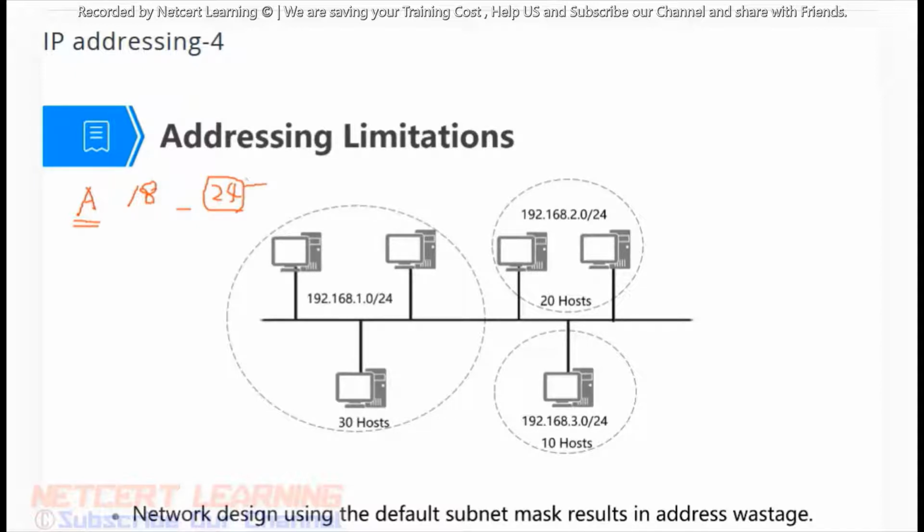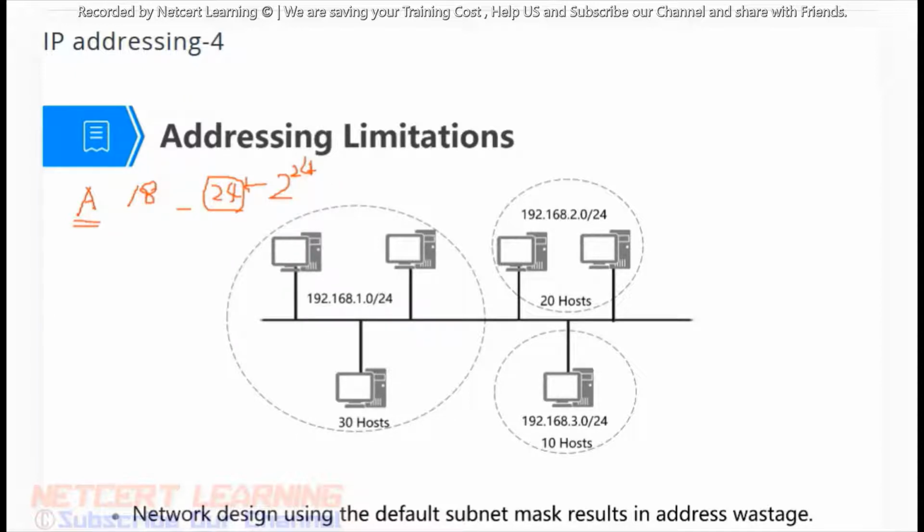How many IP addresses can it contain? 2 to the power of 24, a big number, about 16 million. I think no network can contain so many hosts in one network segment.